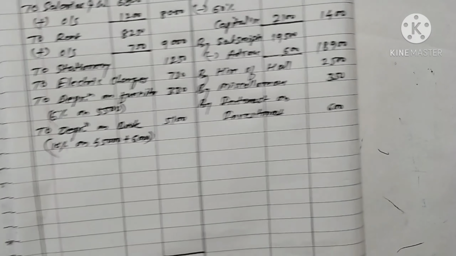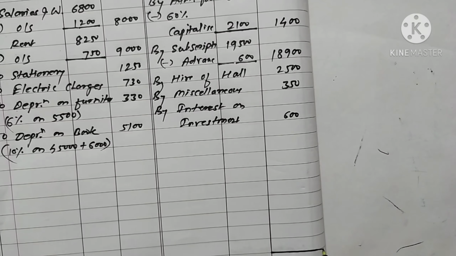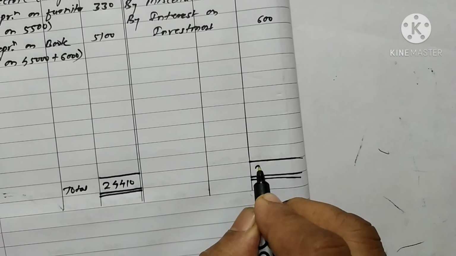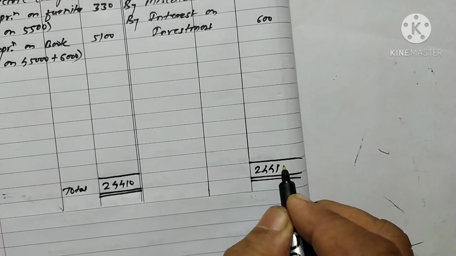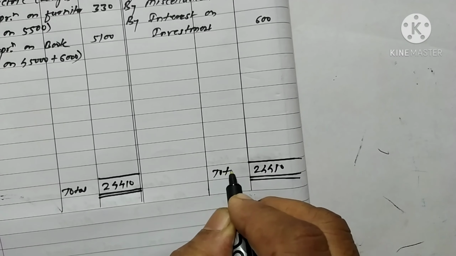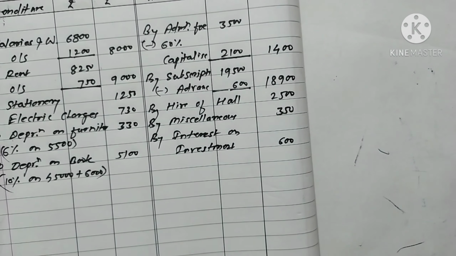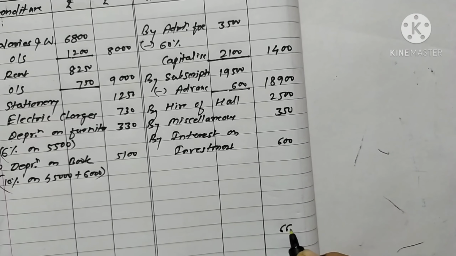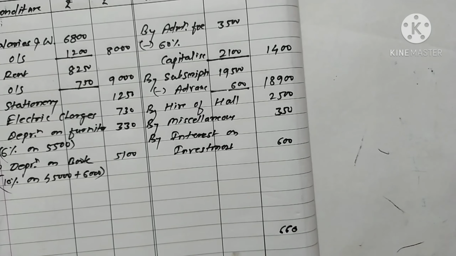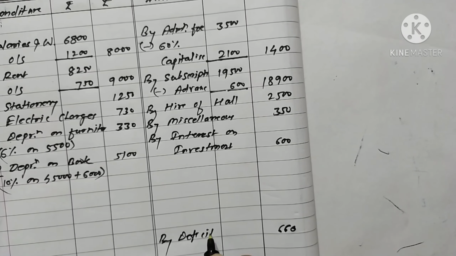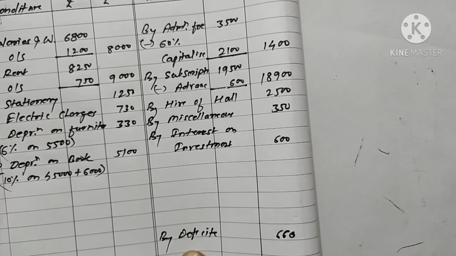We write down the credit side total also, 24,410. From this one, we have to subtract these items and the answer comes rupees 660. It's a deficit. It is to be deducted from the capital fund.